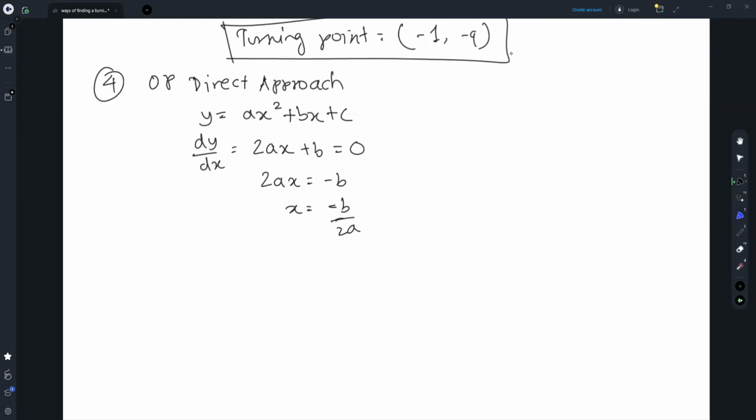What does this mean? It means that if we equate the gradient of this curve to 0, we will always have this fixed form of value of x, which will give us the x coordinate of the turning point.